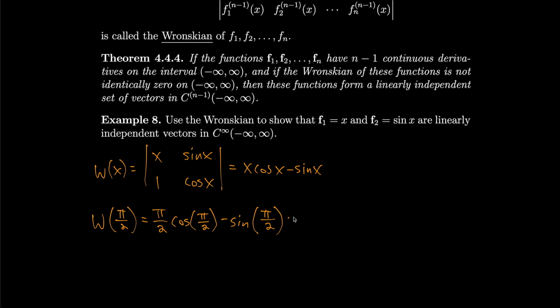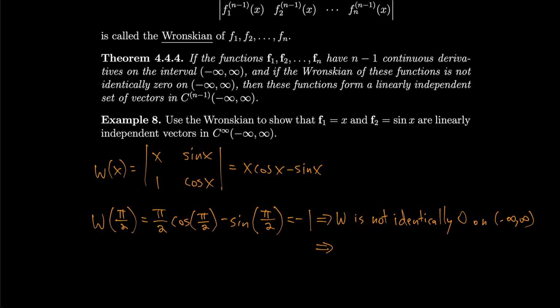And that'll equal minus 1. So that means that W is not identically 0 on minus infinity to infinity.